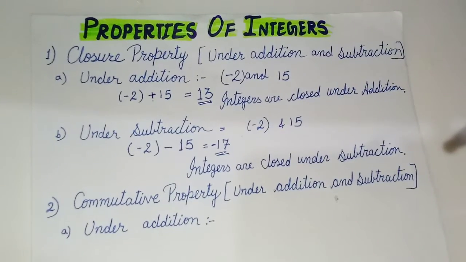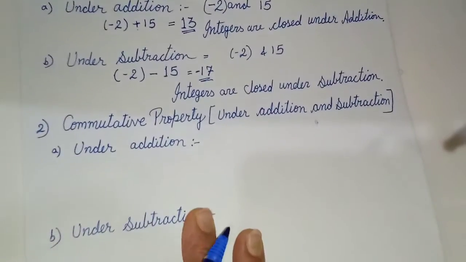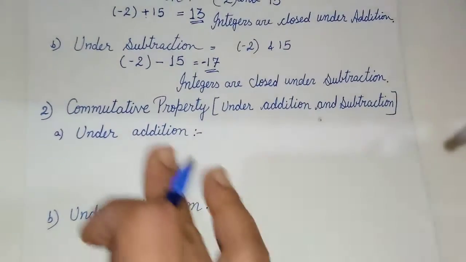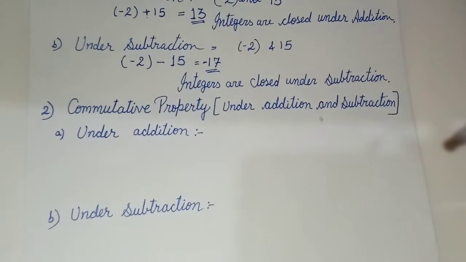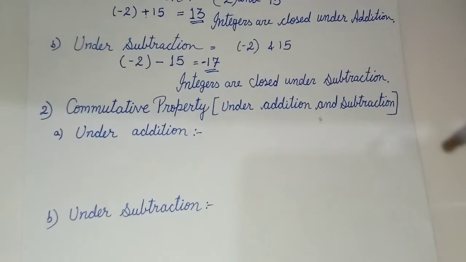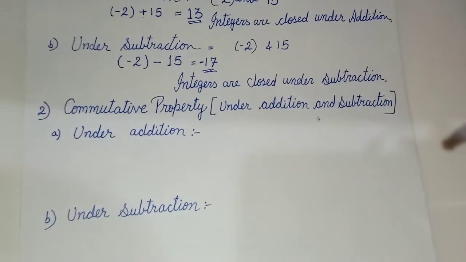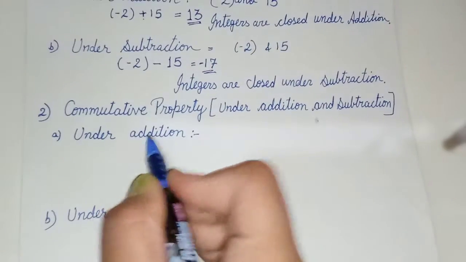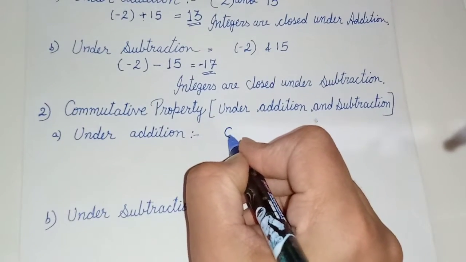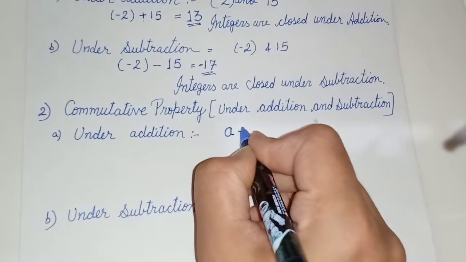Now we are going to see the second property of integers, that is commutative property. This property also we are going to see under addition as well as subtraction. So first we will do it under addition. First let me tell you the meaning of this commutative property. Commutative property allows the numbers to change their place. In simple language, under addition, suppose we have two integers a and b.